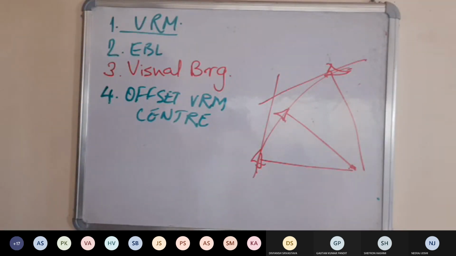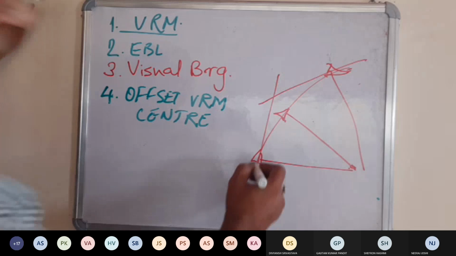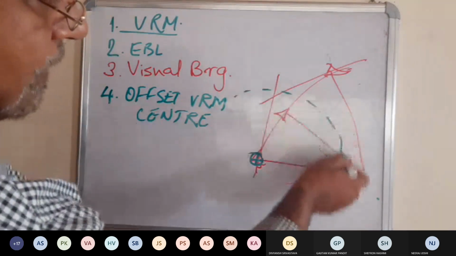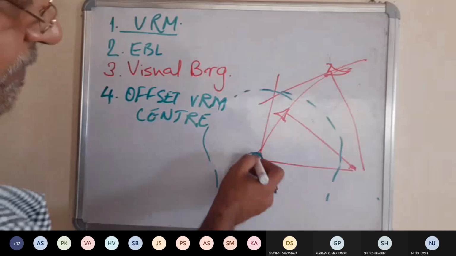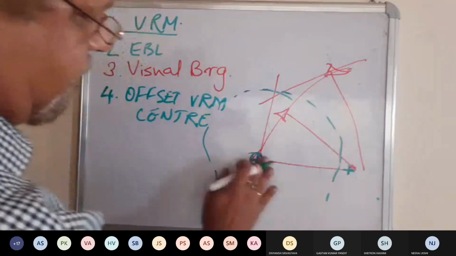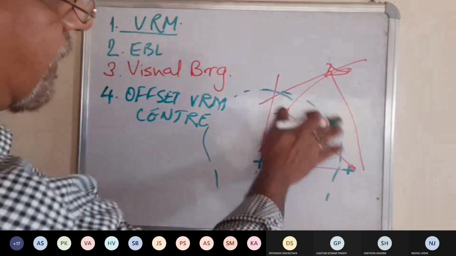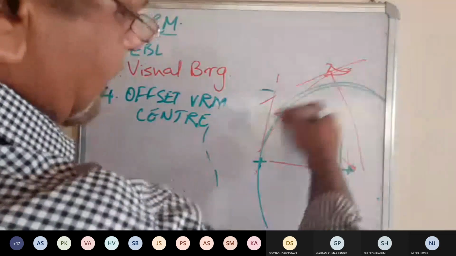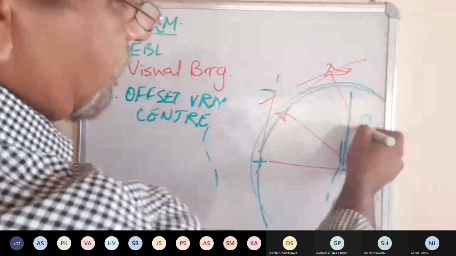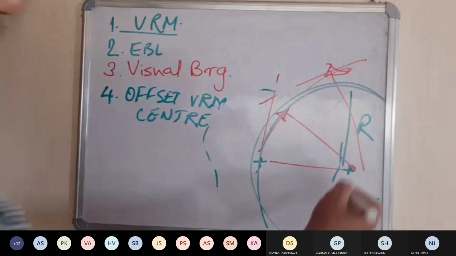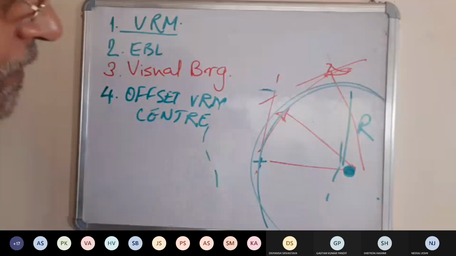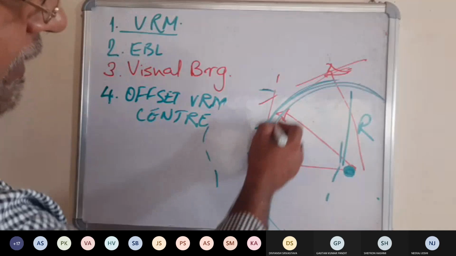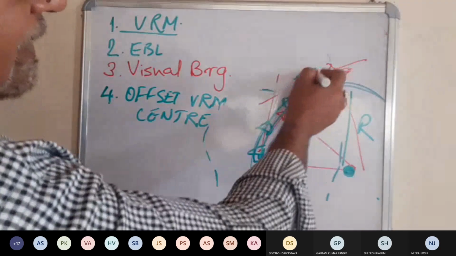फ्लोटिंग VRM या ऑफसेट VRM. हमारा VRM जहाज यहाँ पे है, VRM को हमने यू रखा है. हम इसका सेंटर उठा के यहाँ पे कर देंगे VRM का, जहाज यहीं रह जाएगी. हमारा जो VRM है वो ऐसा बन जाएगा, रेडियस के बराबर का VRM. सो VRM का सेंटर यहाँ हो गया. हमारे पास एक टर्निंग ट्रैक है, जस्ट जहाज को हमें इस ट्रैक पे रखना है, इससे इधर नहीं जाए.